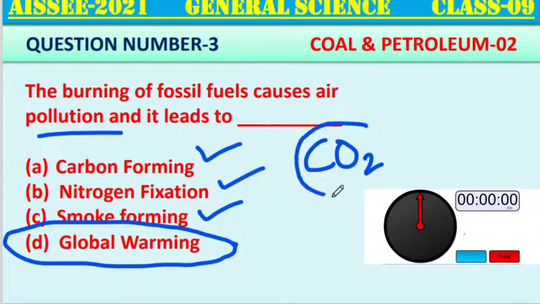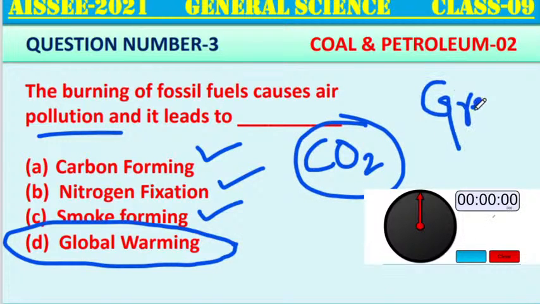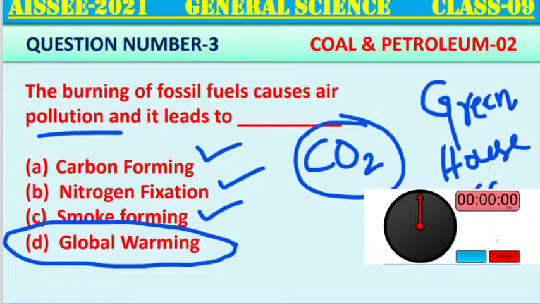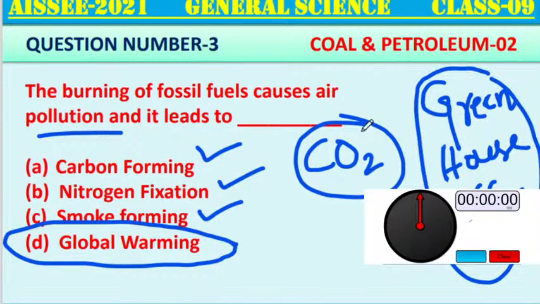From carbon dioxide, CO2, what does it do? It helps in the greenhouse effect. So what is the greenhouse effect? You have to study this. It is a very important topic. What are the gases involved in the greenhouse effect? One of those gases is carbon dioxide, which comes when we burn fossil fuel.